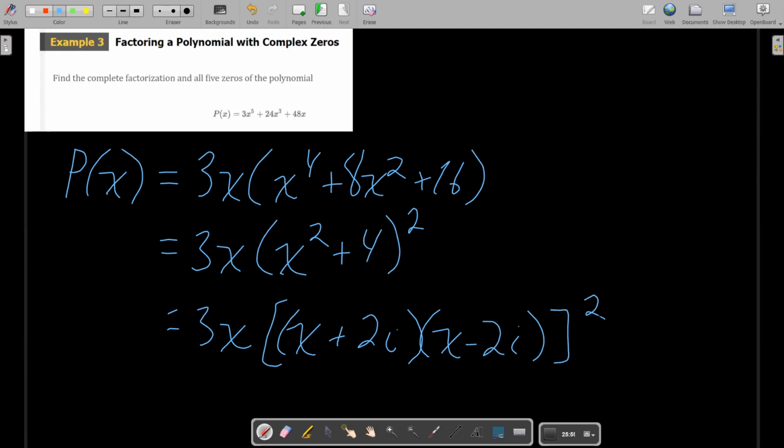And then, of course, we know from our exponent property, the power rule, that this 2 can be reverse distributed through those two. Okay, and that's a complete factorization with all 5 zeros. Because we counted up: this is the first degree, second degree, 1 plus 2 plus 2 is 5, and so we have completely factored this polynomial. Whew.